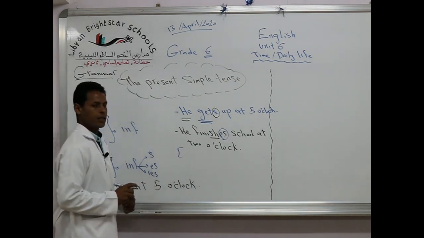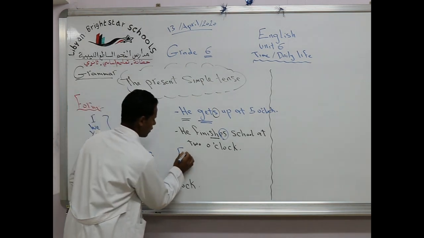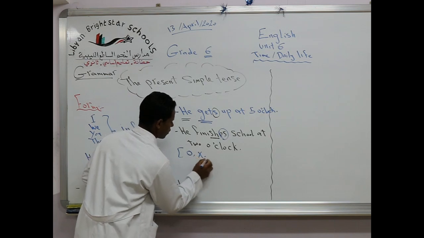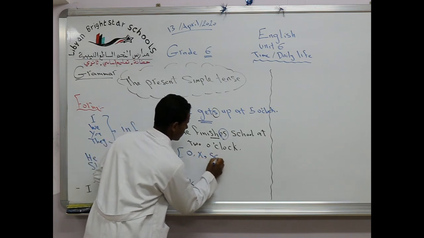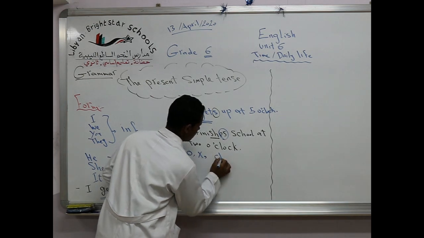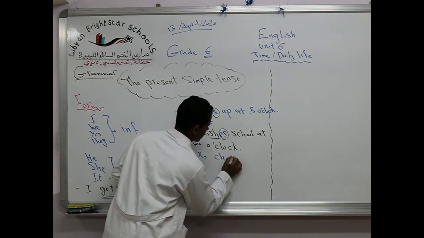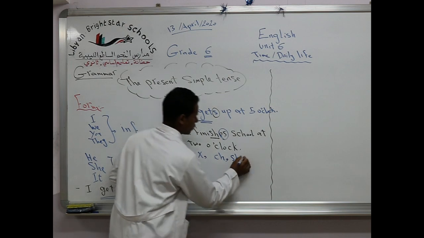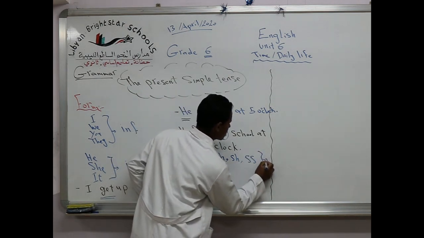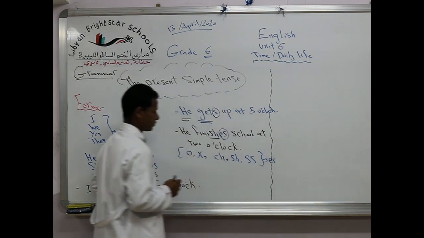So we can see if the verb ends with o, x, ch, sh, ss, or s, just add es.